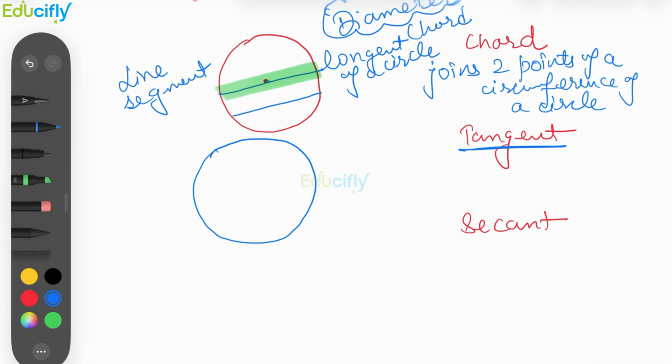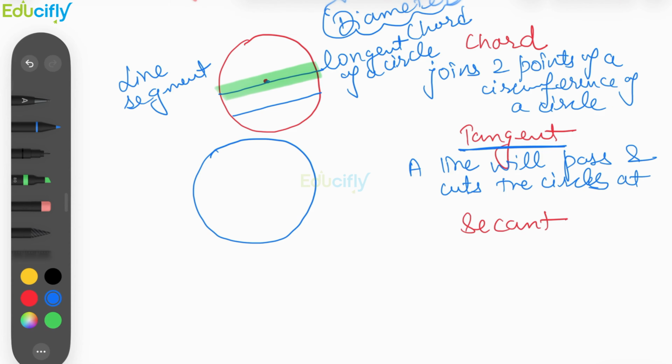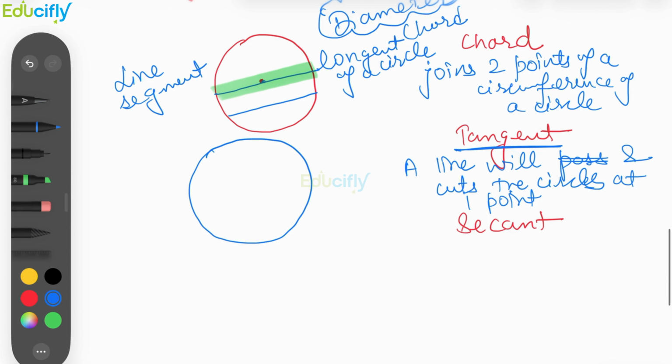In a tangent, a line touches the circle at one point. Not passes, basically we can say it touches the circle at one point.